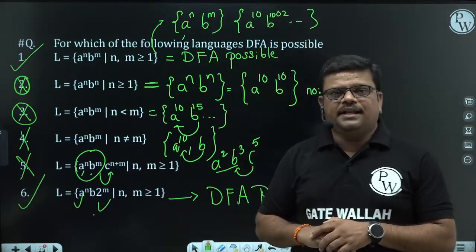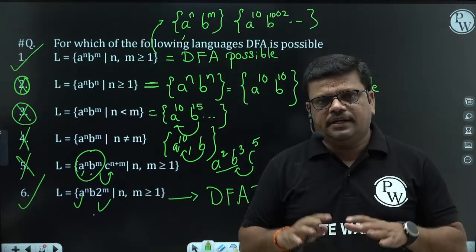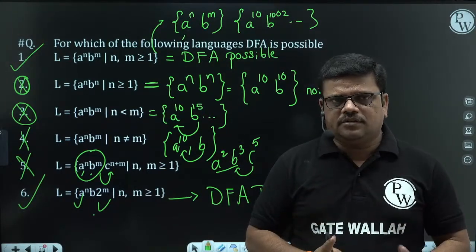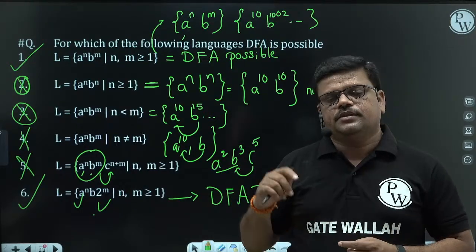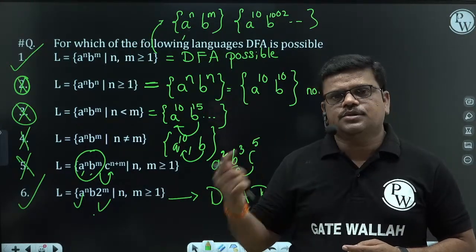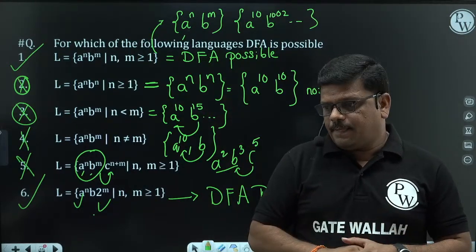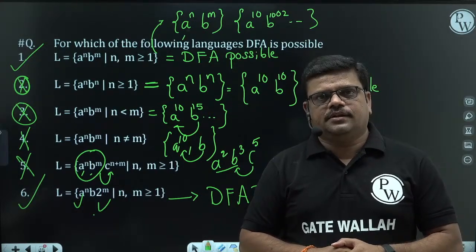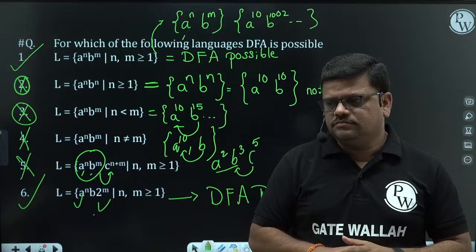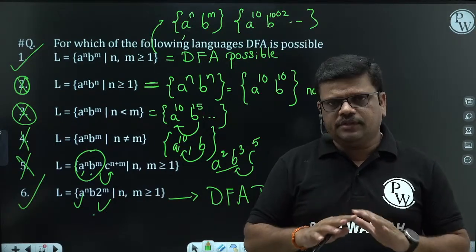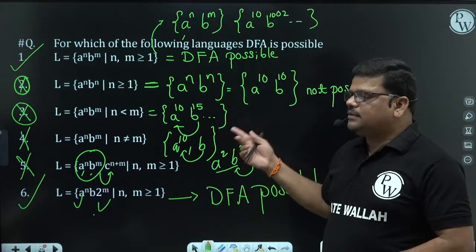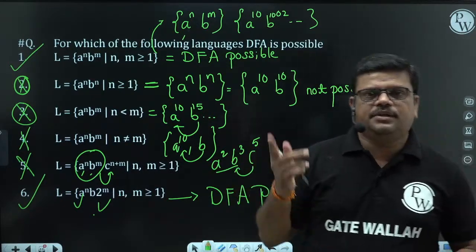If there is a dependency between symbols, then it is very difficult to construct a DFA. For such languages we have to go for other automata, whether push down automata or Turing machine. So all these basics are required before constructing a DFA. Don't start directly, because for some languages DFA is not possible: where dependency or comparison exists between symbols.